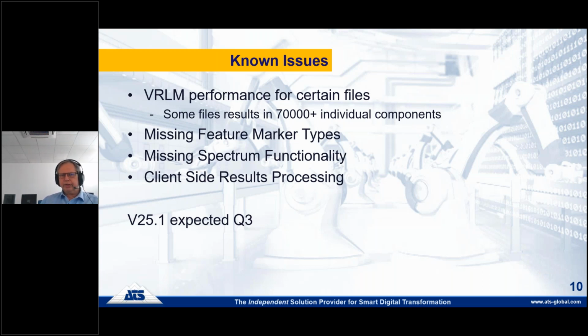This is the old concept. This is currently moved to server side processing to resolve the problems that are on the client side. All of this is expected with version 25.1 in Q3 of this year.